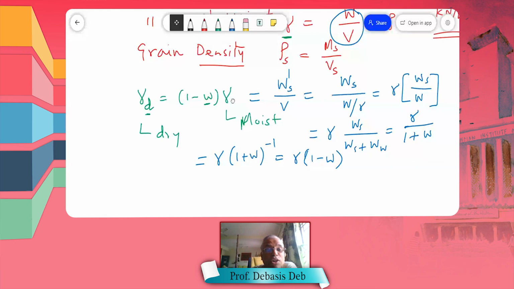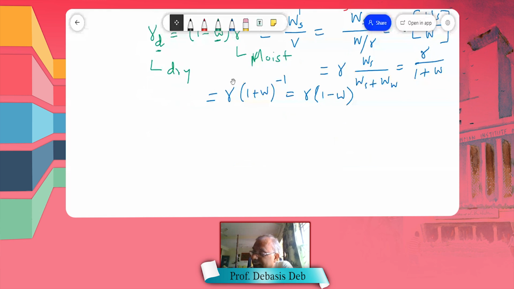Let me even draw you that piece of sample. Let's say somebody gives you a cylindrical sample, and there are a lot of grains here and many void spaces. So how do you find out this void space here, the volume of void? How do you find this? Any idea?